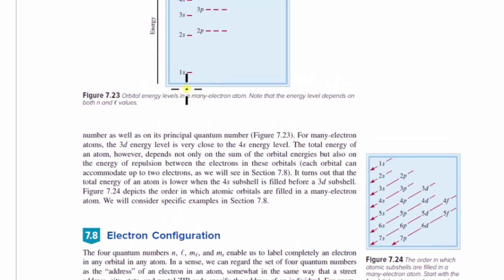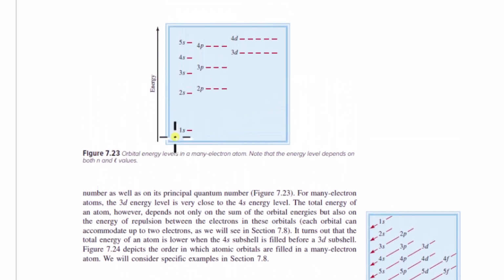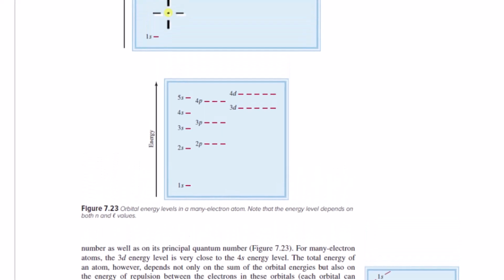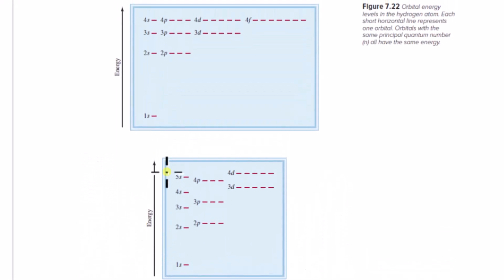They show here a diagram for a multi-electron atom. This is for any multi-electron atom. It's not like certain multi-electron atoms have different orbital energy distributions. You don't have to say, if I'm dealing with this type of metal, it's going to have this energy distribution of orbitals compared to another metal. The only reason the hydrogen atom doesn't have this distribution is because it has one electron.